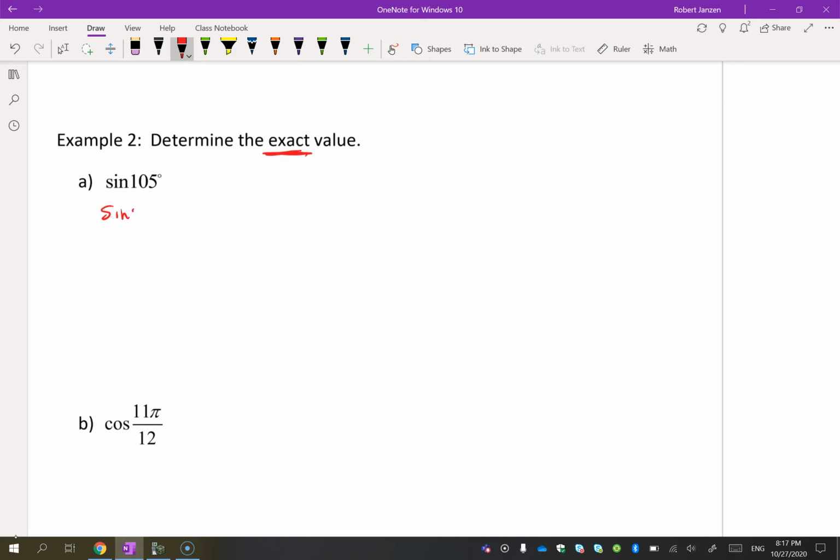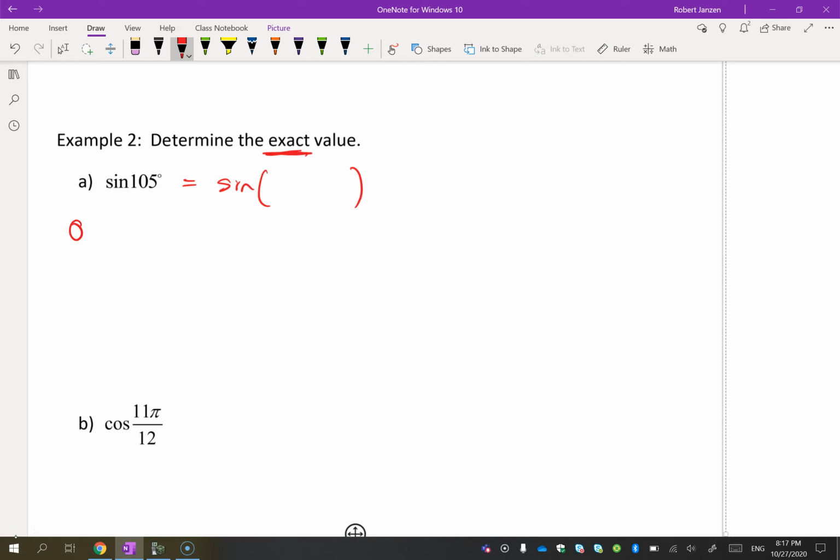Now if it was sine of 45, sure, I would know how to do that. If it was sine of 135, sure, I would know how to do that. But I don't know 105. So what I'm going to do is, instead of writing 105, I'm going to write 105 as two angles that add up to 105. And they have to be exact values.